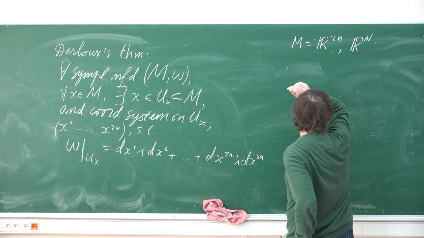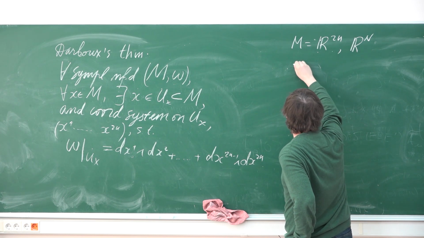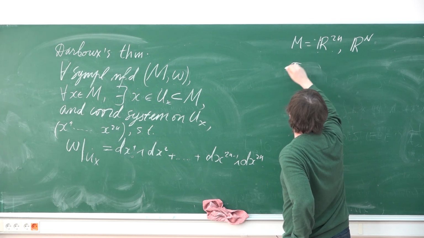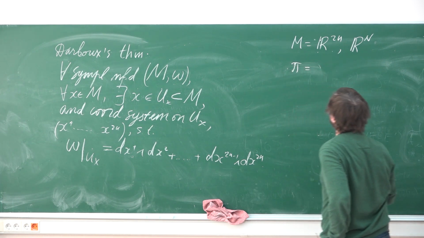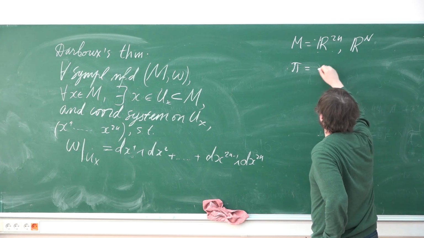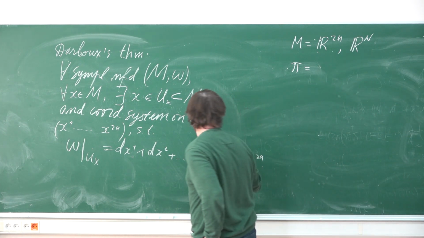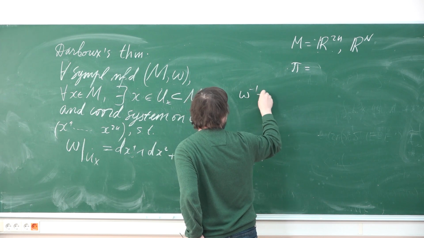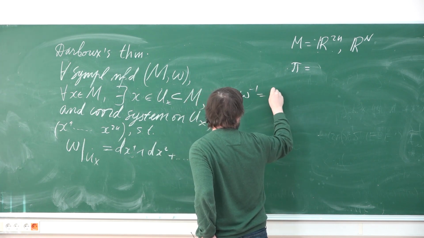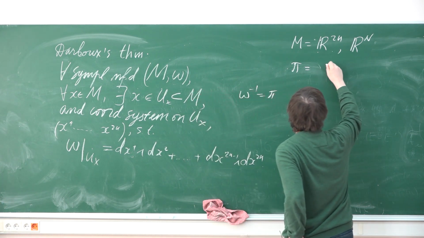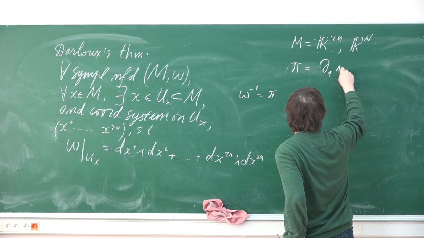You can write the bivector field pi, which corresponds to the inverse of the form omega. For instance, like this.